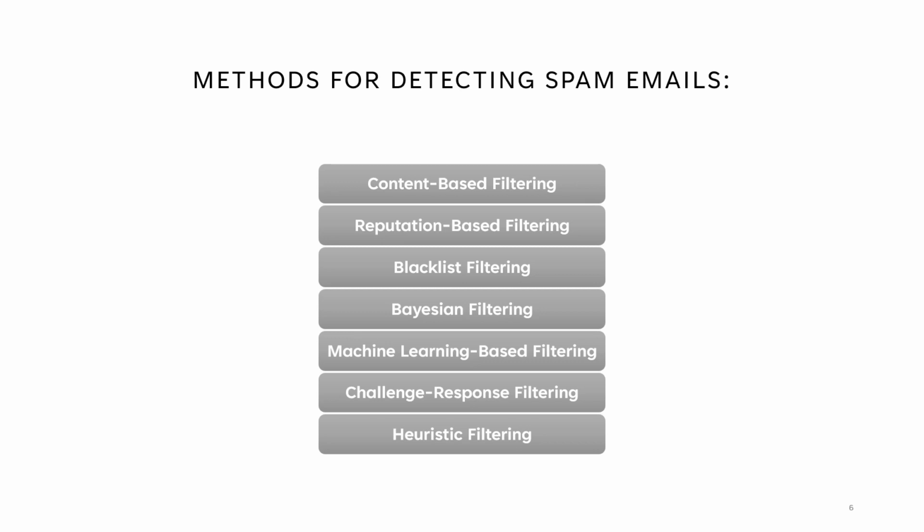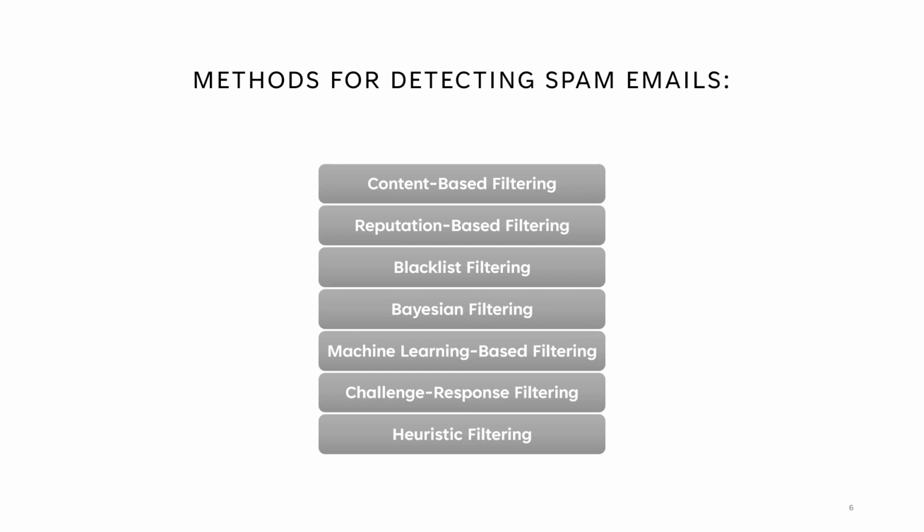The fifth one is machine learning based filtering. This method uses a machine learning algorithm to analyze patterns in emails and identify spam emails based on those patterns. The algorithm may learn from users' feedback or from a dataset of known spam and non-spam emails.